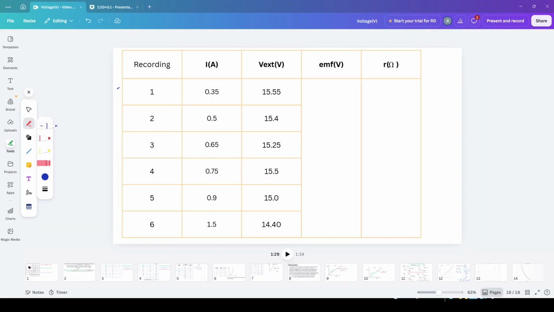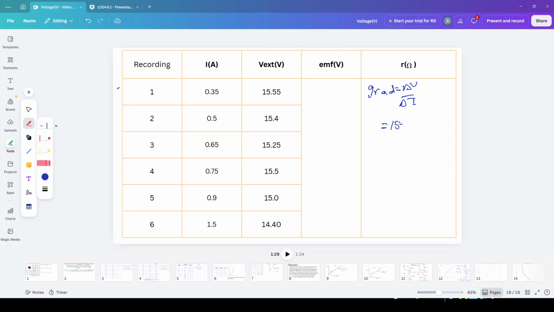So I have my gradient, which is delta V over delta I, and then I've selected point 15 minus 15.4. Let me extend this a bit.